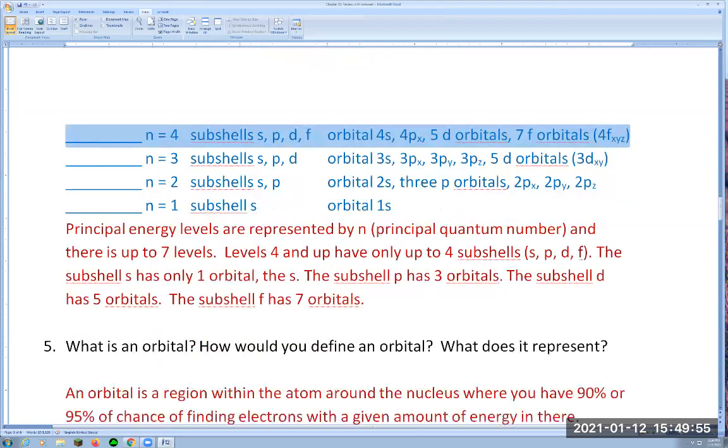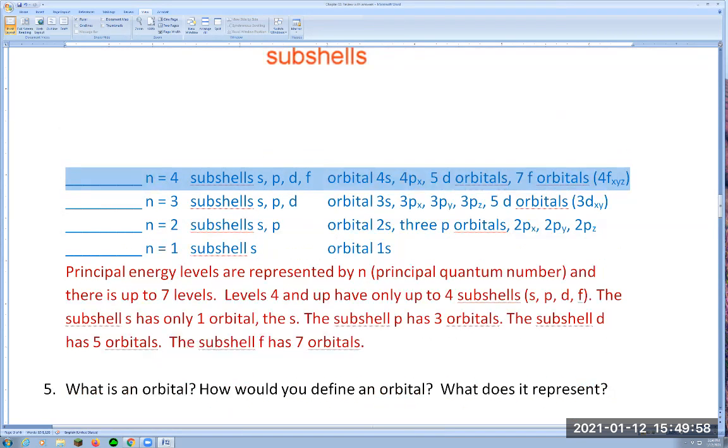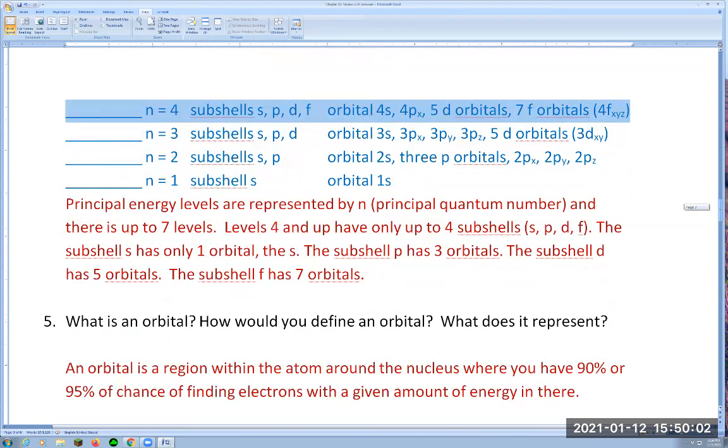So question 5, what is an orbital? And we kind of answered that already, right? So how would you define an orbital? So in words, an orbital is that region within the atom around the nucleus where you have a 90% chance or 95% chance, depending on how you set your probability, of finding electrons with a given amount of energy in there. So orbitals are the solutions of what we call the Schrödinger equation.